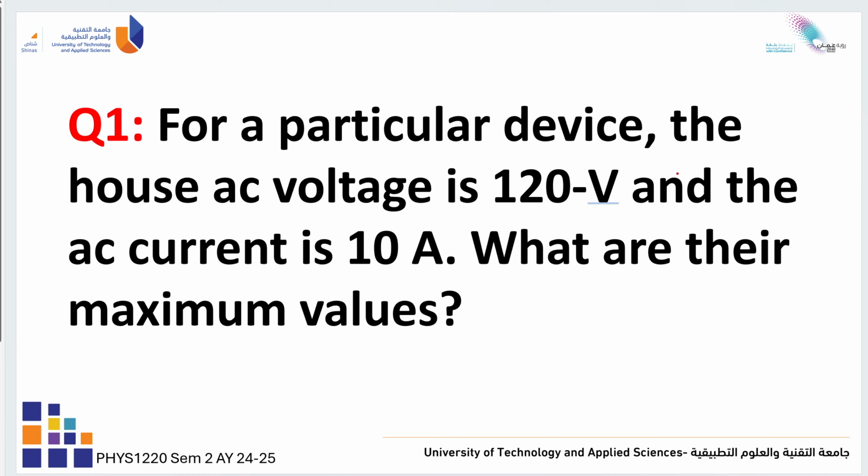Now here there is one question. What is the question saying? For a particular device, the AC voltage is 120 volt. So the value of the voltage is given. In this chapter, there is no need to say this is an AC device, because we are studying only AC.